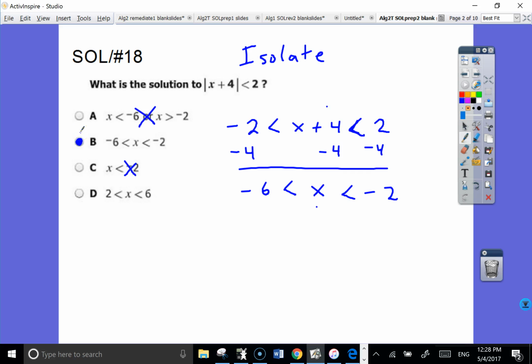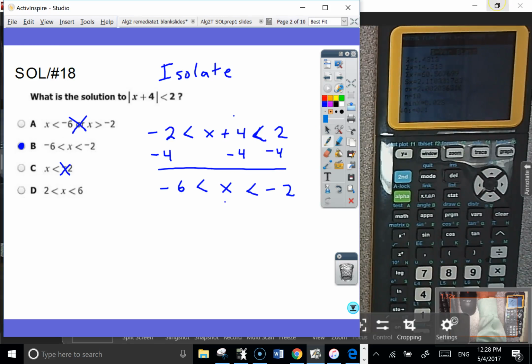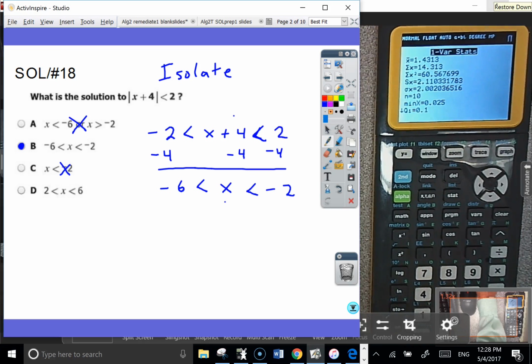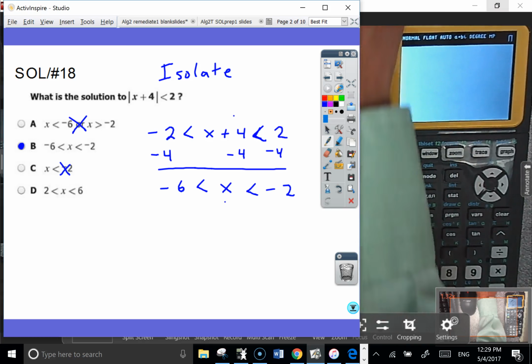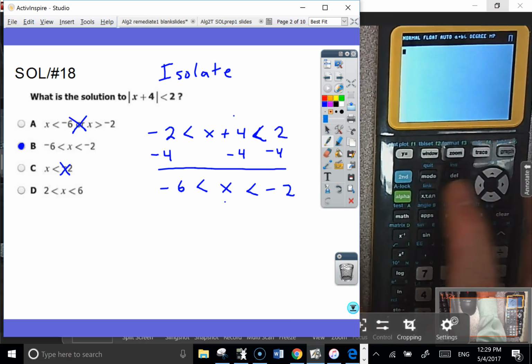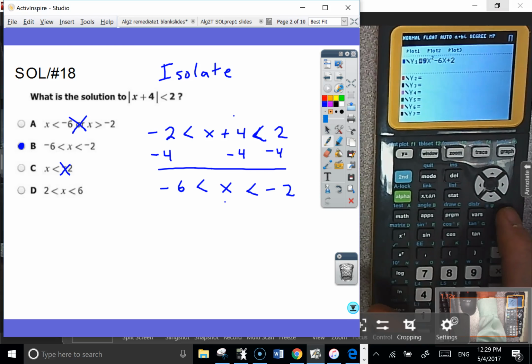They could be much more complicated than that. But we could still use this problem to show how you can do these in the calculator too. And if you haven't seen this before, then here you go. So I'm going to go y equals, clear. Now, do any of you have the x equals in the top line?